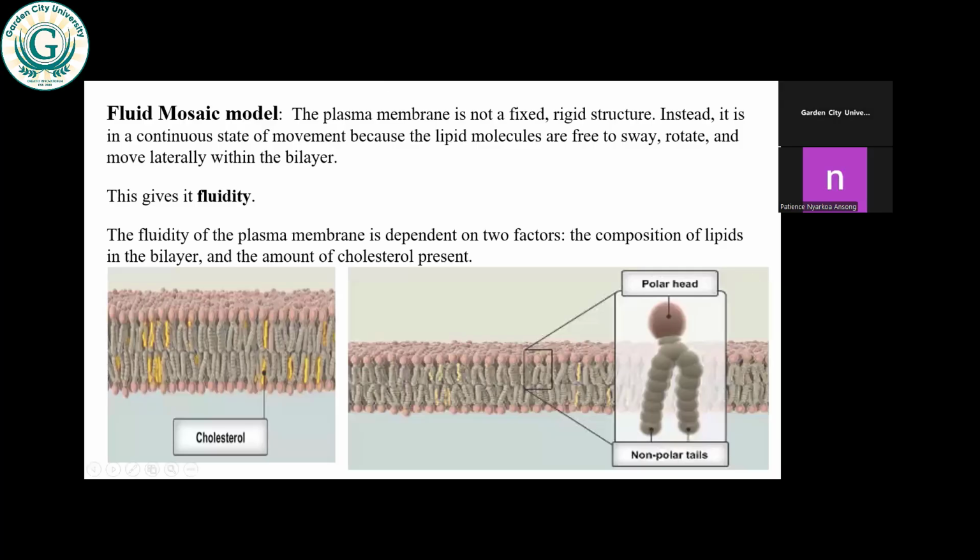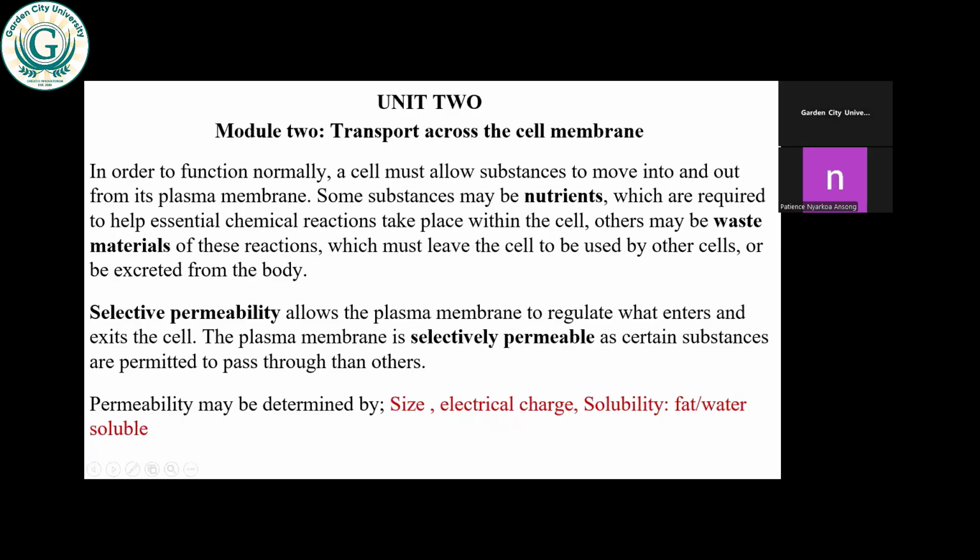So let's look at transport. The transport we'll be talking about is not the transport of substances through the blood to the cells, no, not that. We're not looking at transport of substances in the blood or supply of blood to parts of the body.